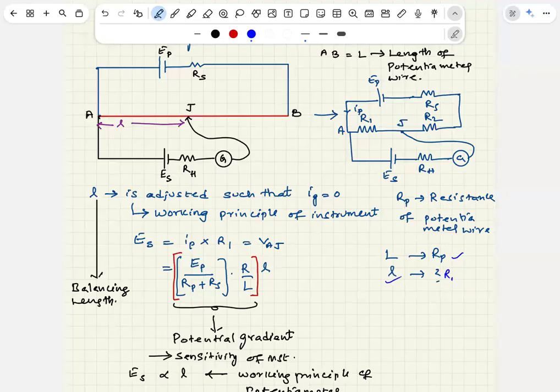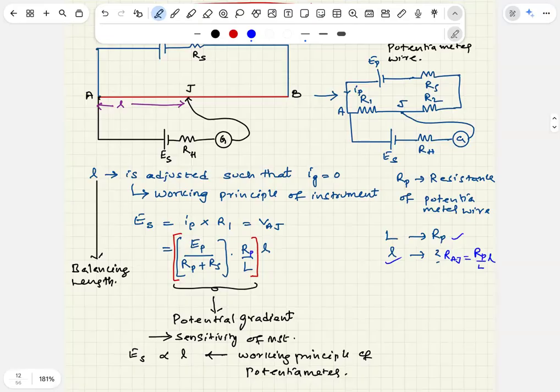That resistance is nothing but R of the potentiometer wire by L times small l. Now, what is it that I am measuring? E secondary.